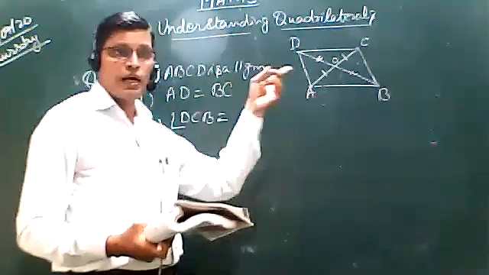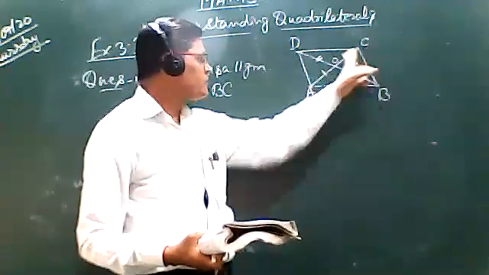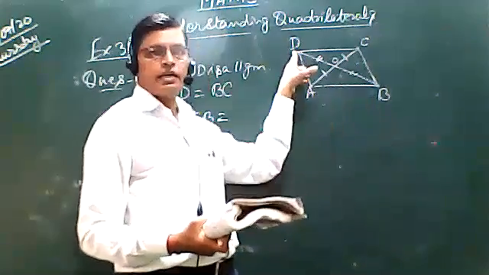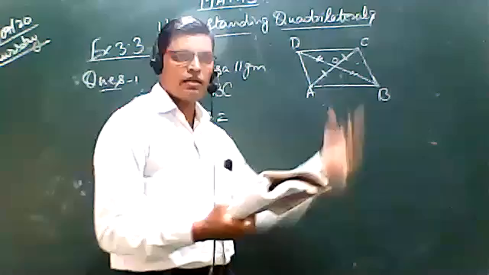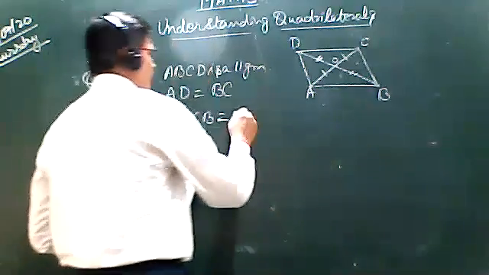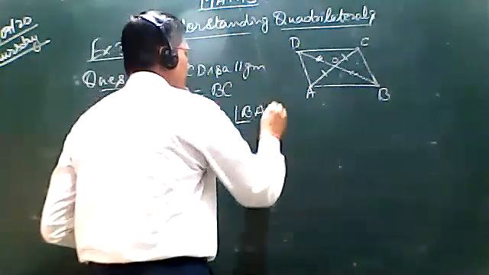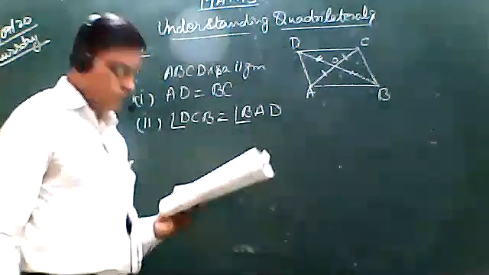We already proved it, and the opposite angle of C is angle A. Now we write here BAD or DAB, both are the same thing.